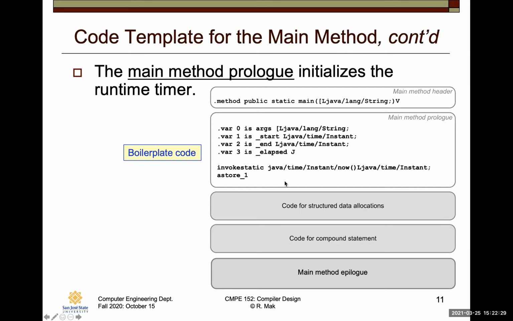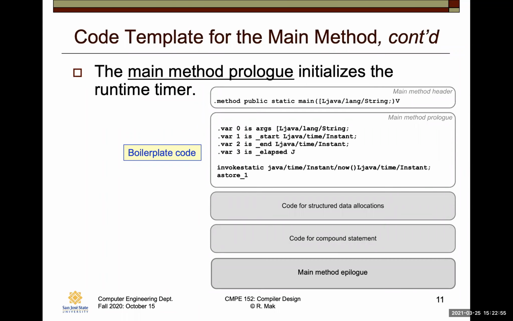Then I invoke a function called now, and it has no parameters. There's nothing in here. But the full name of the function is java.time.Instant.now, and it returns a time object. So here's the return value. Don't worry too much about this.